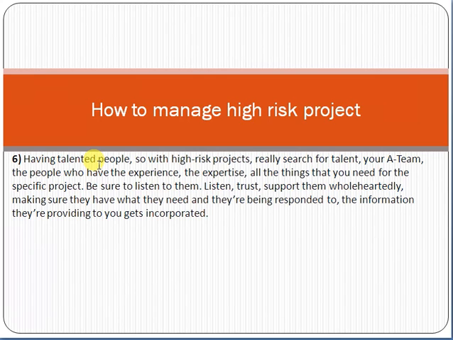If the resources are junior, not capable enough, not very skilled, and the project is already very risky and complicated, then obviously friends, this will become a huge failure and a huge problem. So you need properly trained, skilled and experienced resources to deliver a high risk project. This is a very important point.